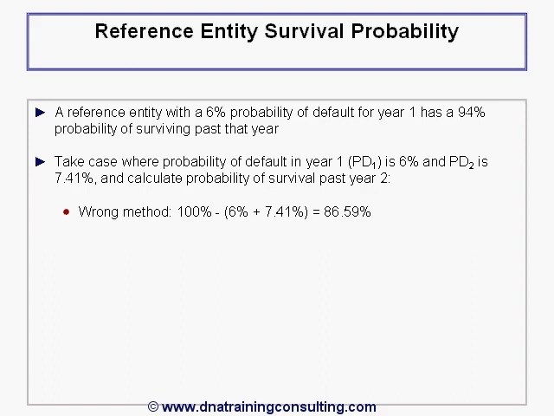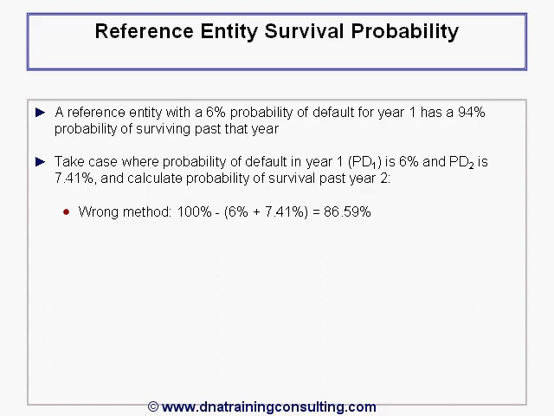The correct approach requires that you first recognize that the probability of surviving past year 2 is nothing more than the probability of surviving year 1 and then also surviving year 2.